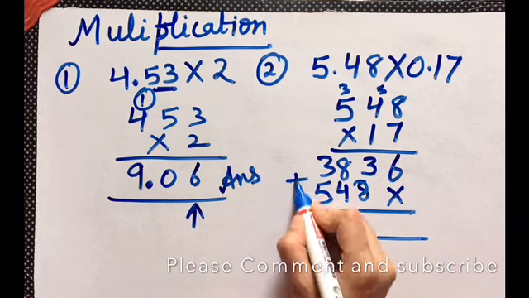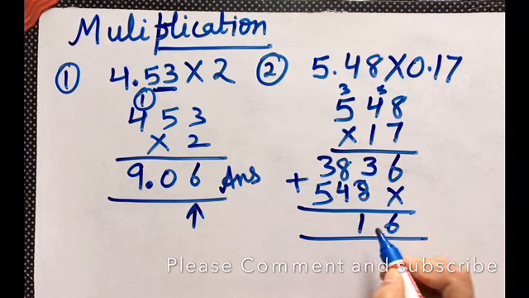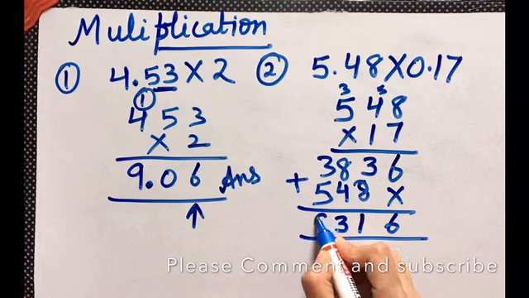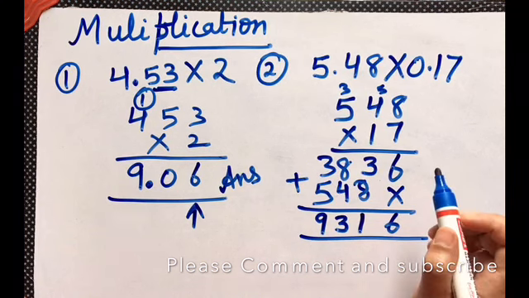Now add them. It will be 6, 1, 3 and 9. Fine. So we have done the simple multiplication.